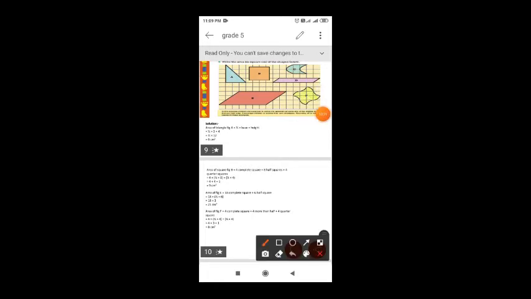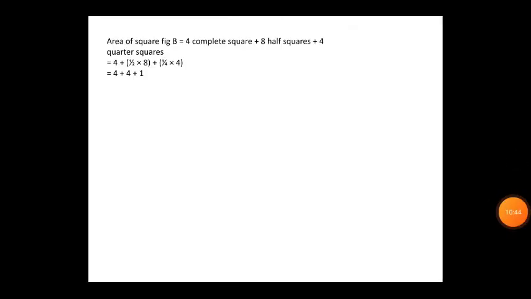You can see here in this picture there are four complete squares. Inside, four complete squares are there and eight half squares. See, 1 2 3 4 5 6 7 8, eight half squares, and four quarter squares. See, this corner, 1 2 3 4, there are four quarter squares.